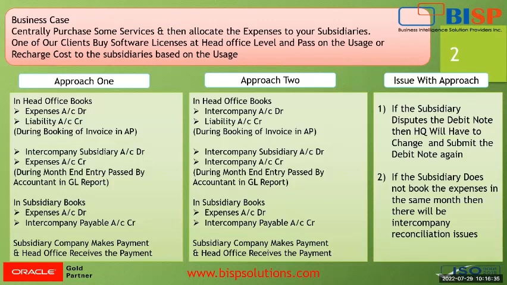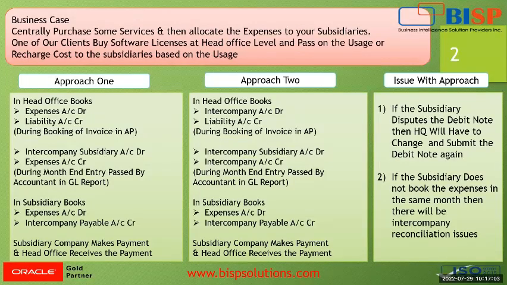The first approach is that the expense is booked and the liability is created during the invoice booking in AP. In the month-end process, the accountant, looking at the GL report, passes intercompany subsidiary debit and expenses credit. It will reduce the expenses and book the receivables in intercompany subsidiary.